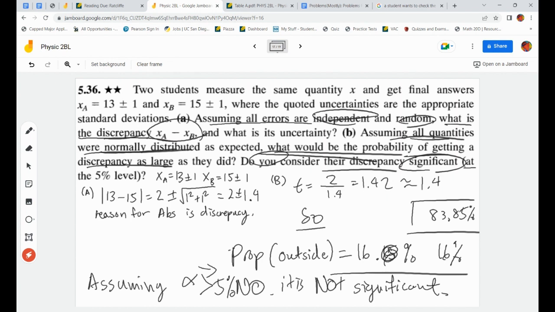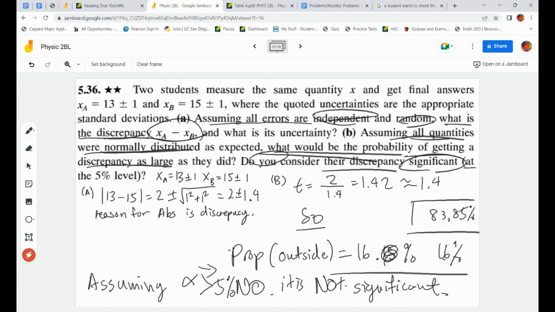Suppose we measure a quantity x in the standard form. I'm just reading off the textbook, where the standard deviation is appropriate. Suppose that based on some theory or someone else's measurements, we expect x to be something. It's basically saying this equation t equals that is what we need.